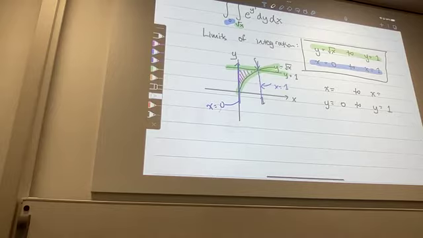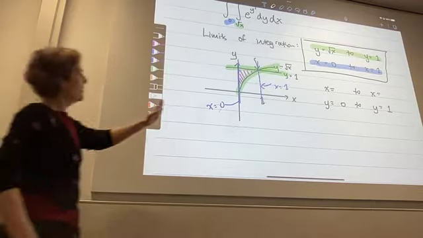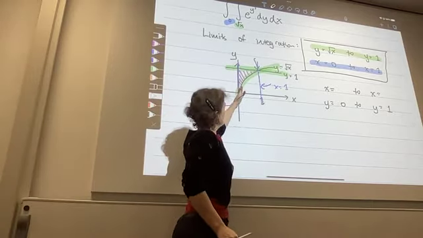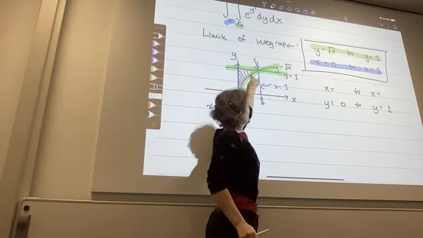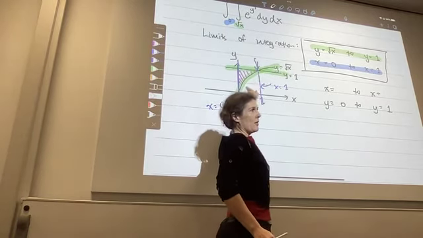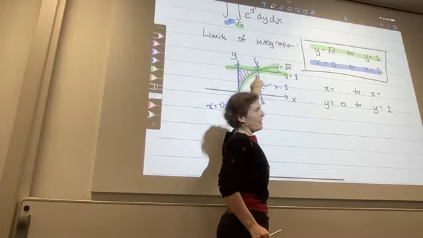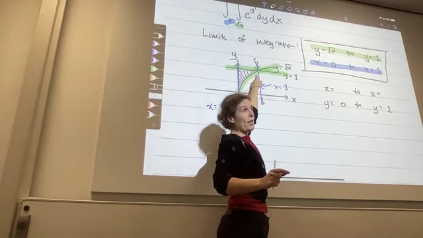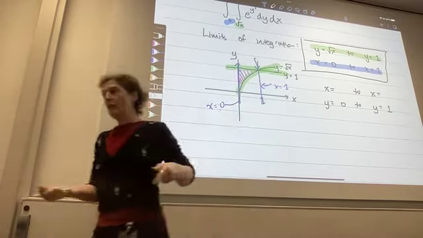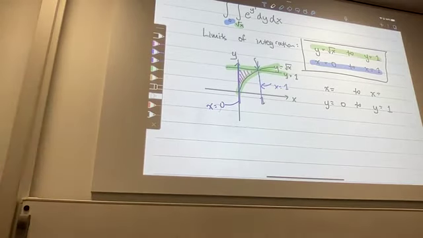And now if I look at x, x needs to go from here, which is x is equal to 0, but it needs to go up to this line here. So we need this line expressed with x as a function of y, which we can do quite straightforwardly. We can just solve this one. This says that x is equal to y squared.